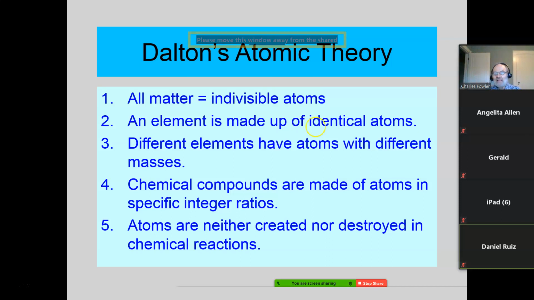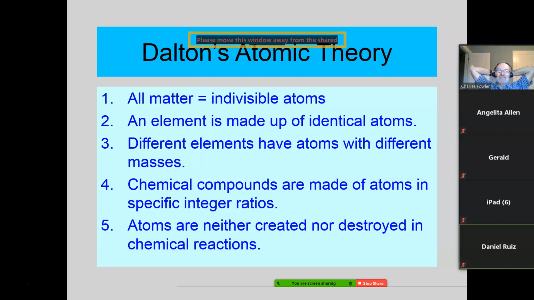Different elements have atoms with different masses, and this explains the law of definite proportions. For instance, the mass of a carbon atom is usually right around 12.